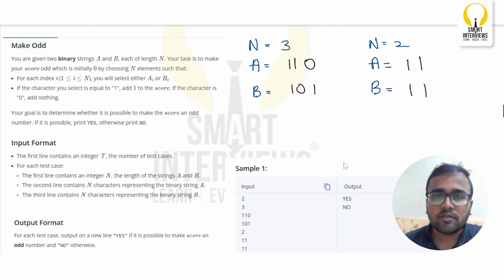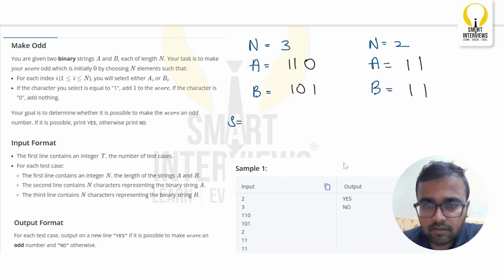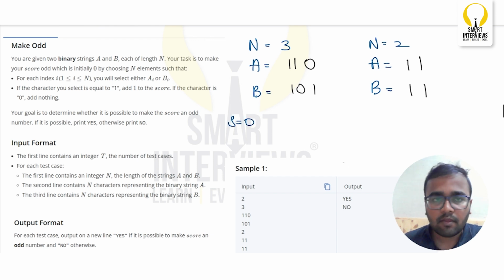Let us start. Initially our score is 0. We'll start from here. At this point, do you have any option of taking 0 or 1? No option. So obviously you should pick 1 from A or 1 from B, and your score will get incremented by 1.